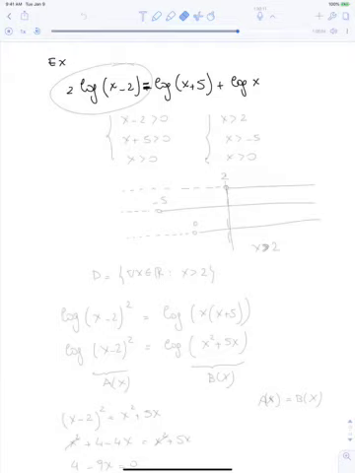Now, in this case, this expression here is going to be a of x, and this expression here is going to be b of x. So this means that the log of x minus 2 squared is equal to the log of x squared plus 5x. We need the arguments of the logs to be positive.